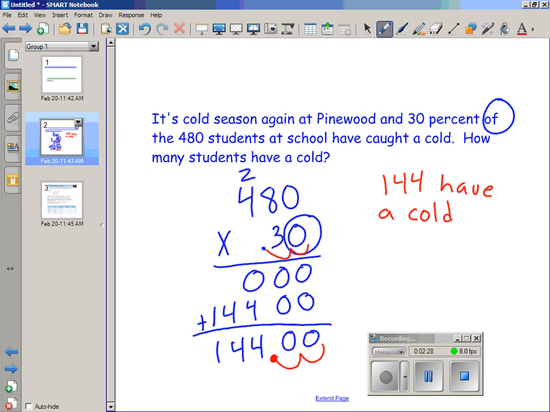Now, let's say that I wanted to take this problem a step further and say, how many students do not have a cold? All right, this would make it into a two-step problem.